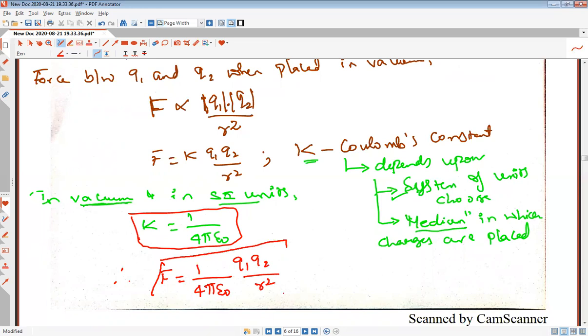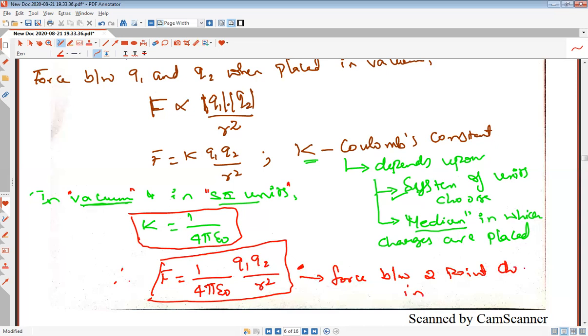This is the force between two point charges placed in vacuum and evaluated in SI units. So this is the formula for calculating the force between two point charges in vacuum.